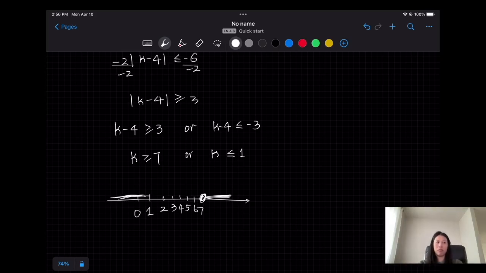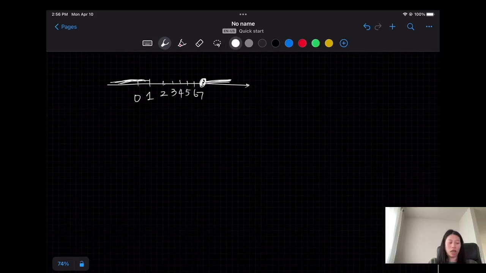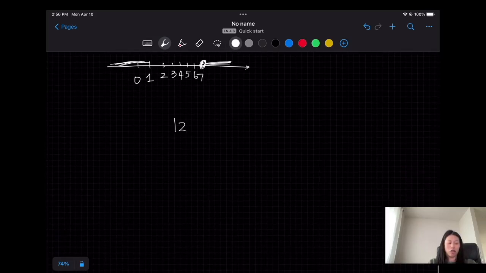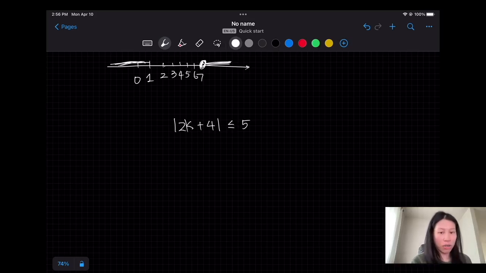Okay. What about if the inequality is less than, such as I want you to solve, hey, |2k + 4| less than or equal to 5. So what happens if the inequality is less than or equal to instead of greater than?